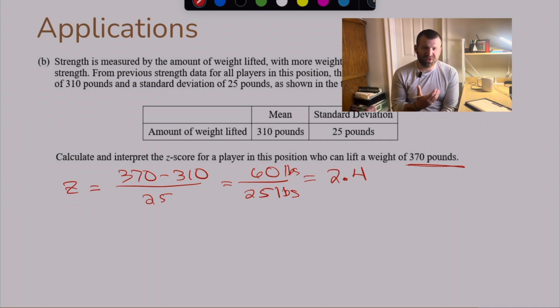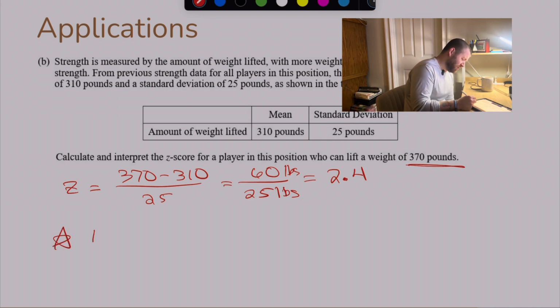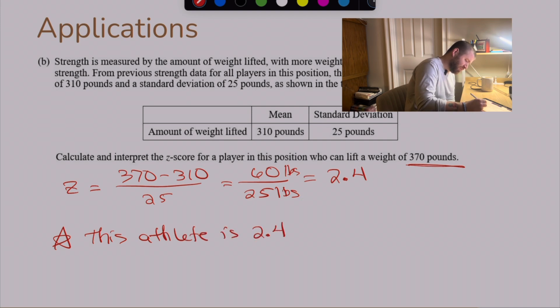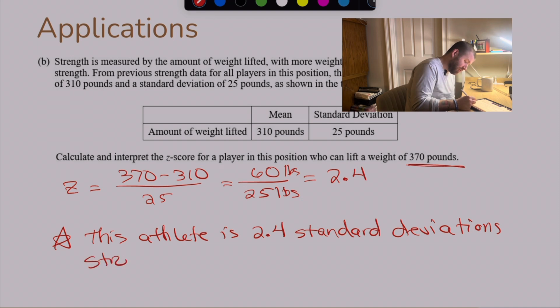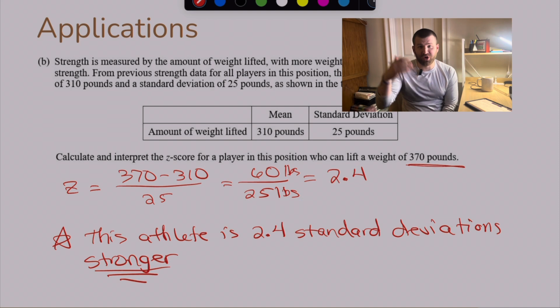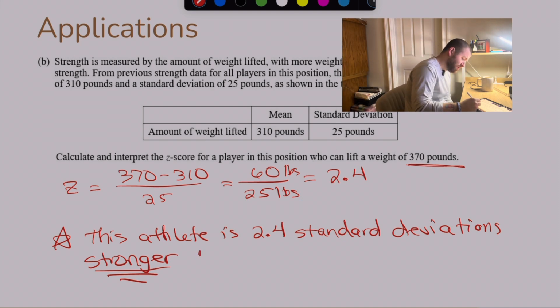But to interpret this z-score, all I have to say here is that this athlete is 2.4 standard deviations, and here's where the context is important, stronger, because this is now giving my direction, right? Stronger meaning positive z-score, than the average player.